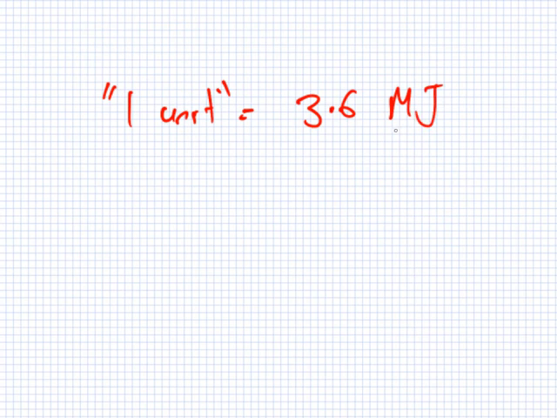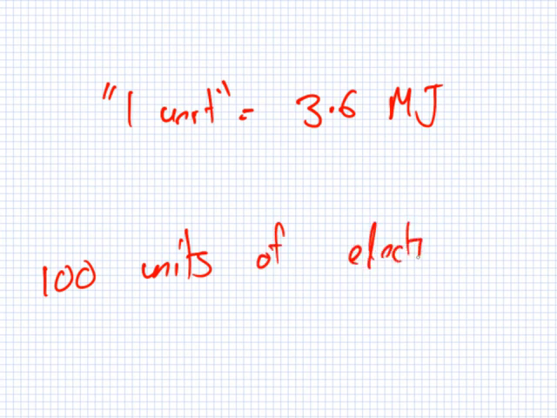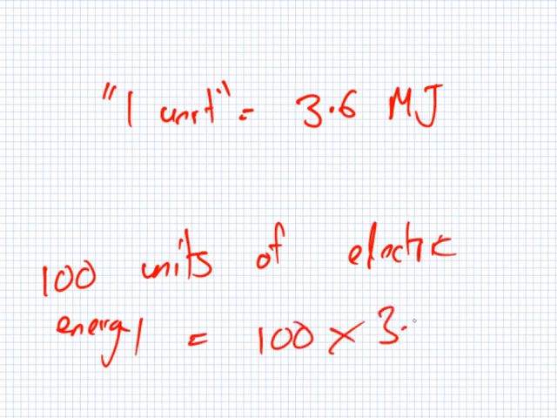So if they said you used, for example, 100 units of electric energy, that means you've used 100 times 3.6 megajoules.